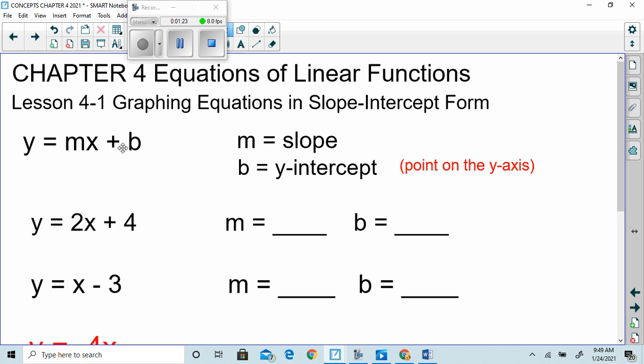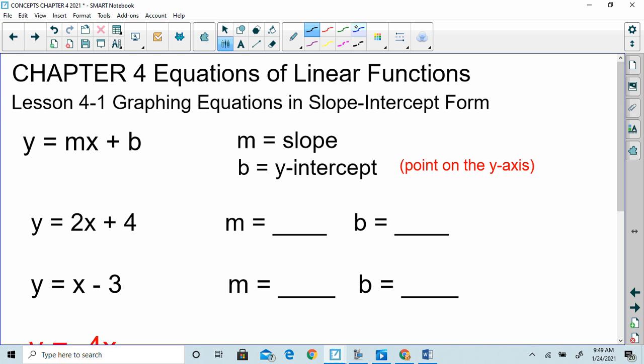In my first activity this morning, I'd like to look at several equations in slope-intercept form, and let's start by just identifying those key pieces of information that make this easy to use in a quick graph form. So let's look at the first one.